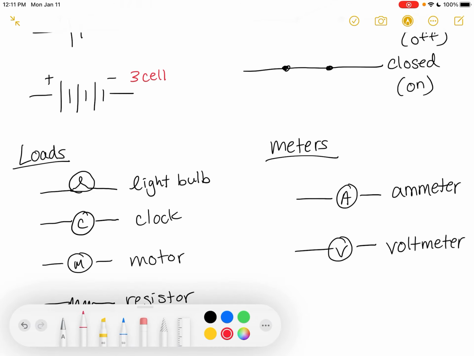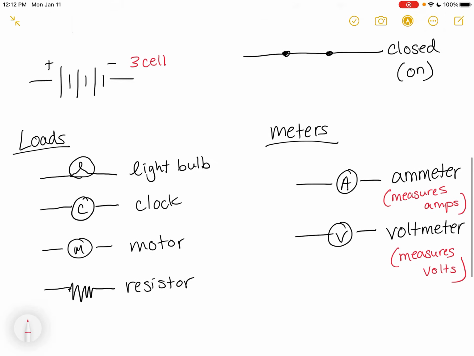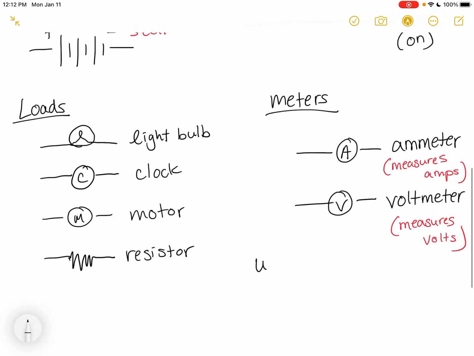So the ammeter measures amps, and the voltmeter measures volts. And we're going to talk more about those in a little bit. Okay, so the ammeter is going to measure our amps, and then the voltmeter is going to measure volts. When we're looking at connecting wire, it is just symbolized with straight lines.